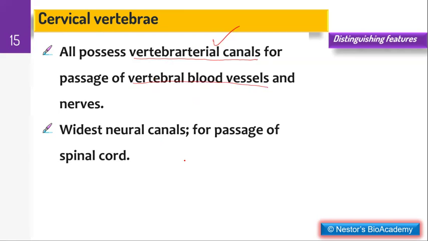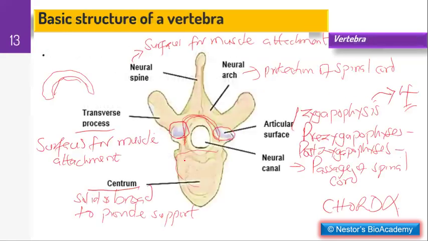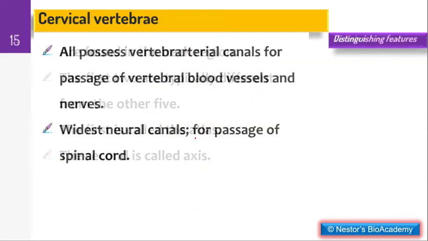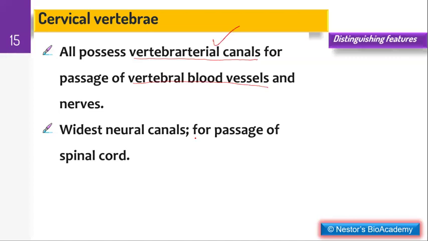Remember, in the typical vertebra we discussed previously, we only saw one canal, the neural canal for passage of the spinal cord. But for the cervical vertebrae, in addition to the neural canal, they also possess 2 additional canals, which we refer to as vertebrarterial canals.